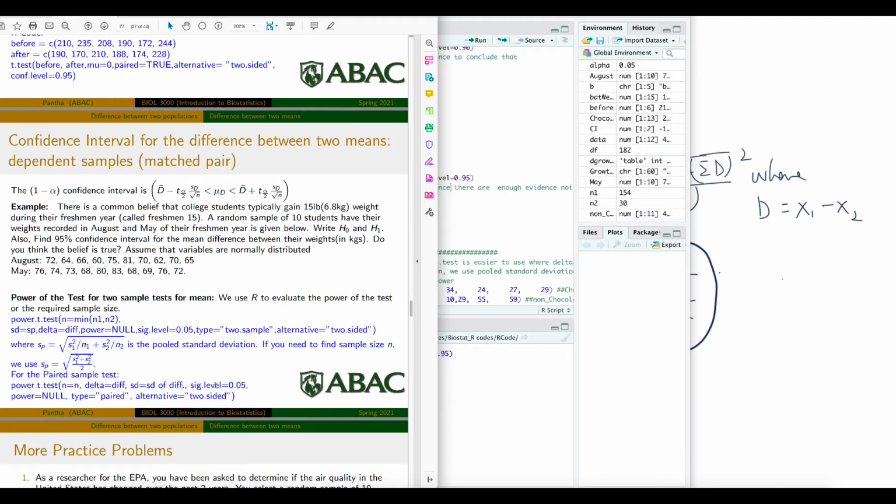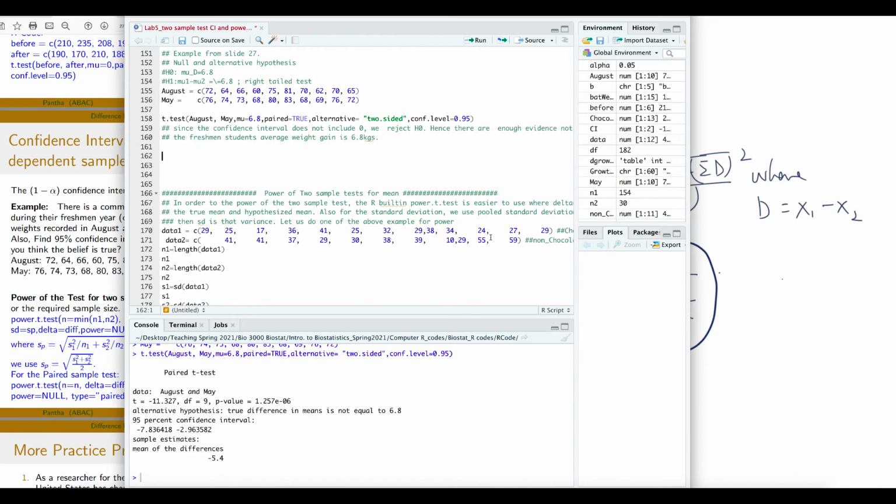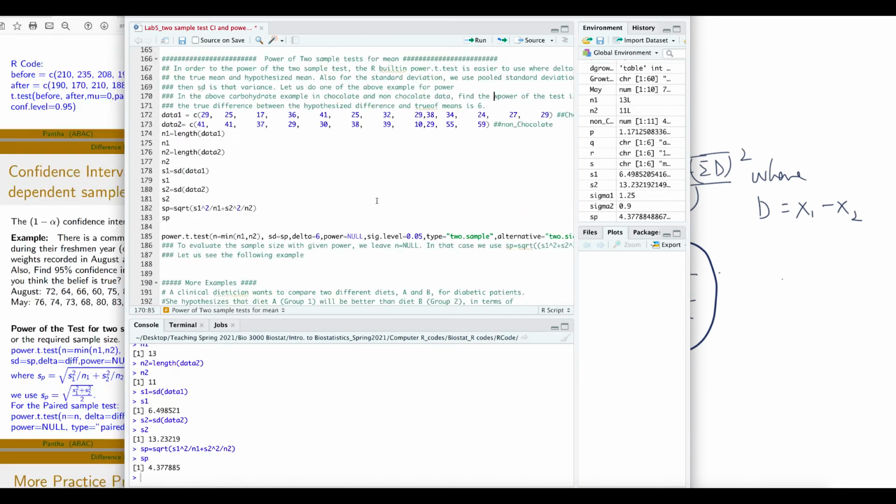And the significance level is 0.05, again the same thing. Power is null, type is paired. You should not forget that. So type is paired and the alternative is two-sided. So we'll see examples on that. Okay, guys. All right, let us see the power of the two-sample t-test here. So let us look at this example.